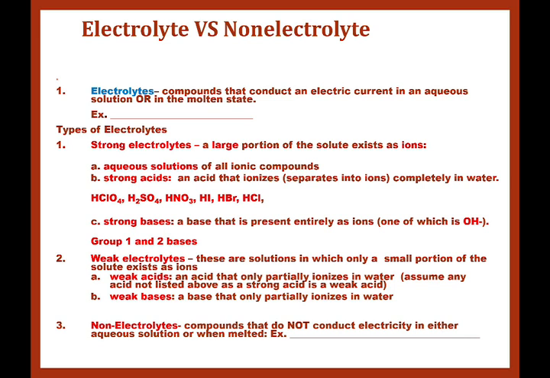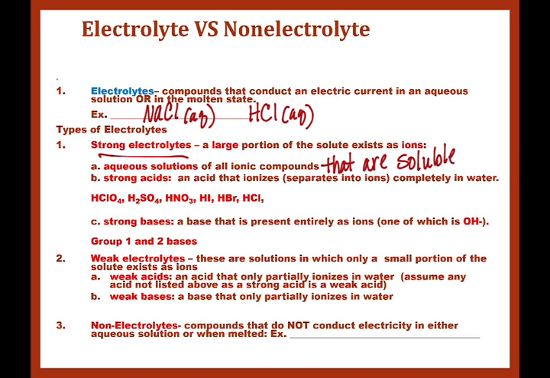Okay, some examples of electrolytes would be aqueous sodium chloride, or strong acids like HCl is a strong acid. Those things would conduct electric current. So strong electrolytes are aqueous solutions of all ionic compounds, I want you to add, that are soluble. Because if they're not soluble, then they're not going to be.